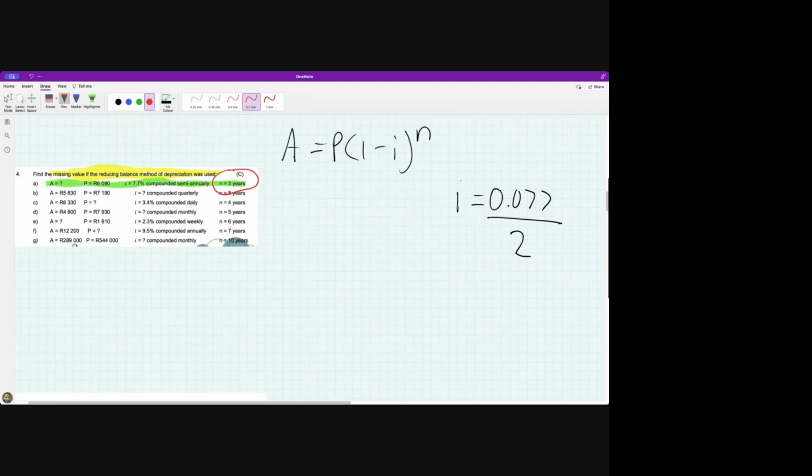But now I have another problem. N is 3, but I don't want years. What do I actually want? So I want half years. And so N is going to be 3 times 2, which is 6. Okay. You need to work out what the final value is for me.